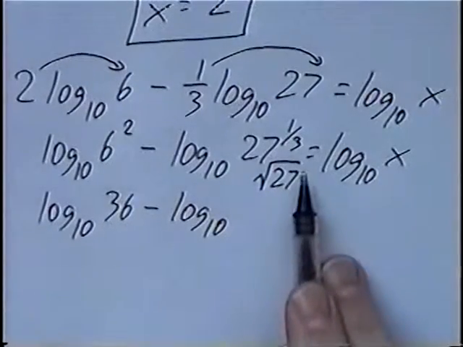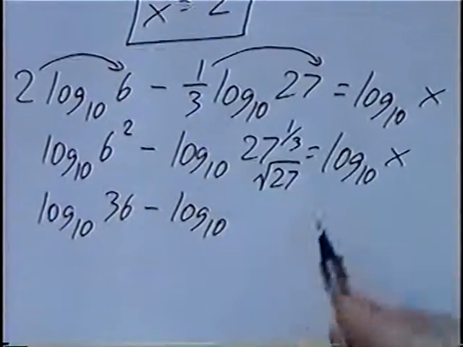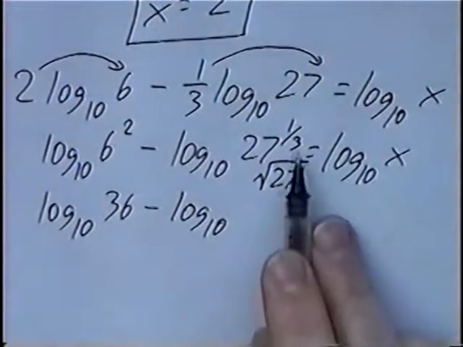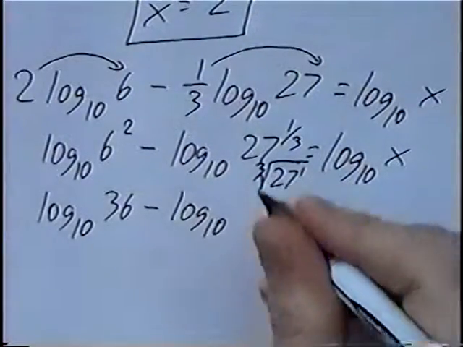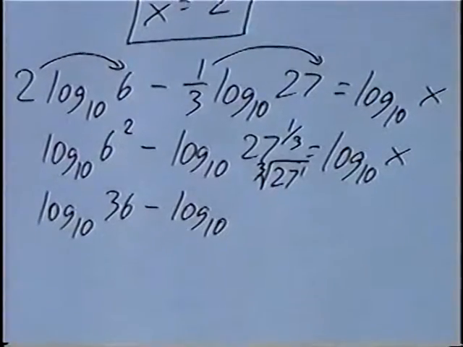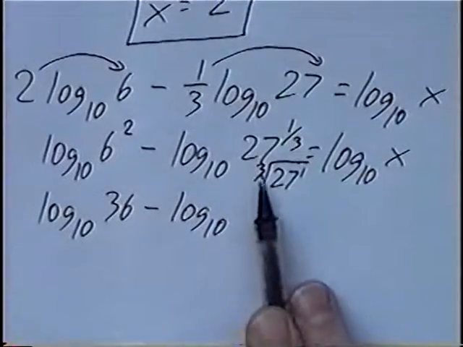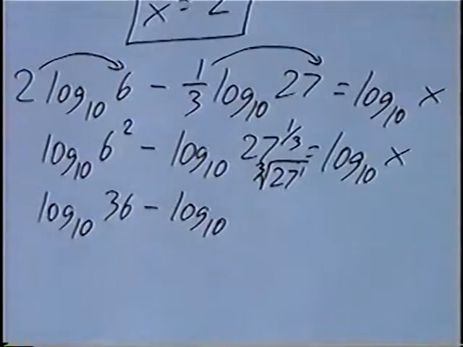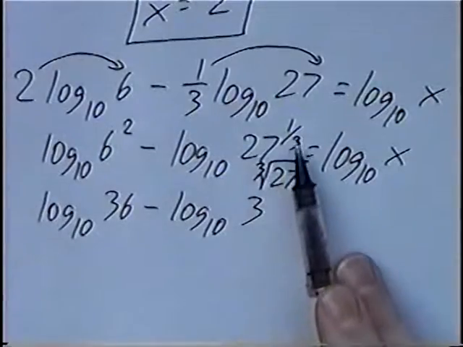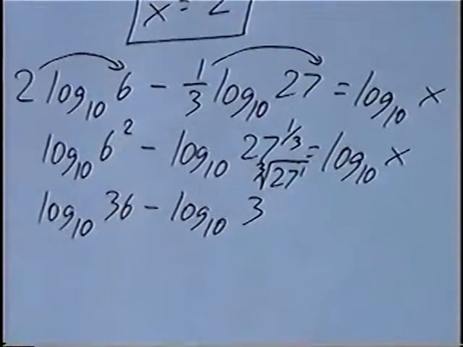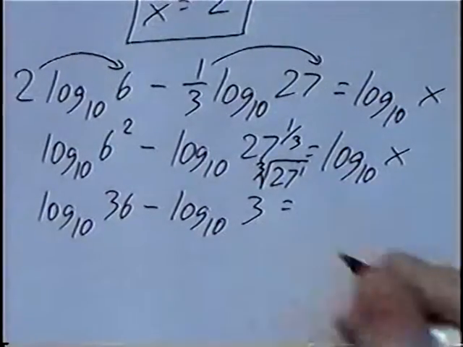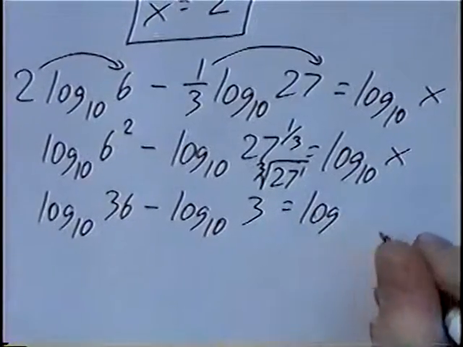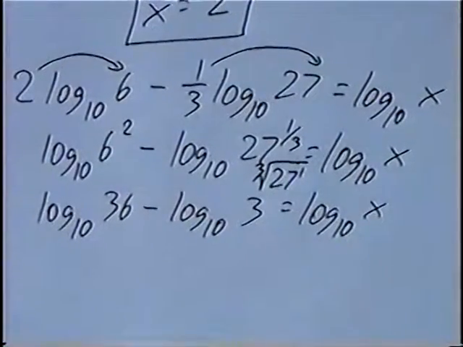The numerator 1 would be the exponent, 27 to the first power, and the 3 would be the root number. So 27 to the 1/3 power is the same as a cube root of 27, or a number times itself 3 times is 27, and that number would be 3. So 27 to the 1/3 power is the same as 3. Equals log x base 10.